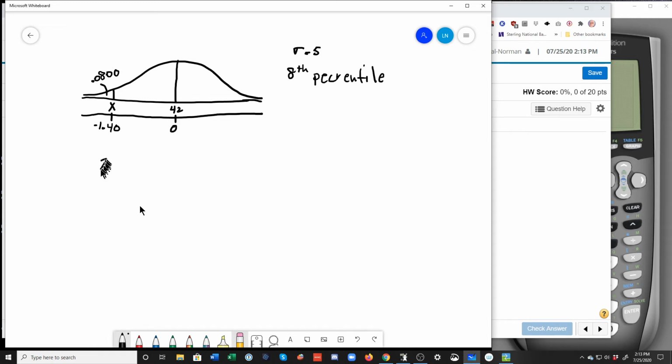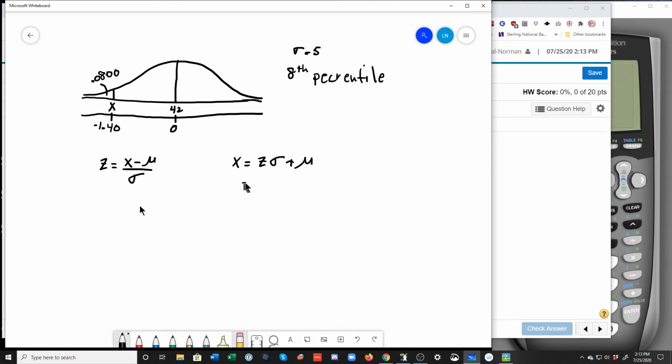Now you can either use the z-score formula or the x formula. If we use the z-score formula, z equals x minus the mean divided by the standard deviation. The x formula is just the z-score formula solved for x, which would be z times sigma plus mean. Either way, this one you have to do some algebra, and this one you can just drop the numbers in. Solve the formula once, and then you have a new formula you can use.